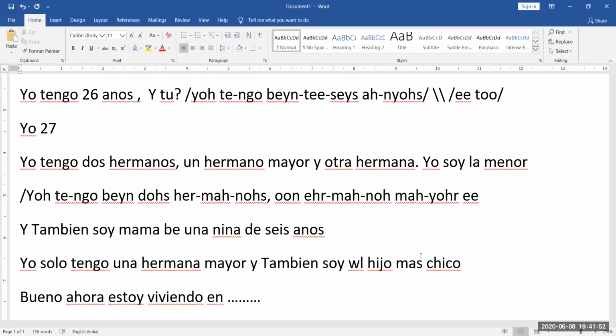Hermanos is nothing but brothers. In this case, I have two siblings. One elder brother and a sister. I am the youngest. Soy la menor. I'm the youngest.